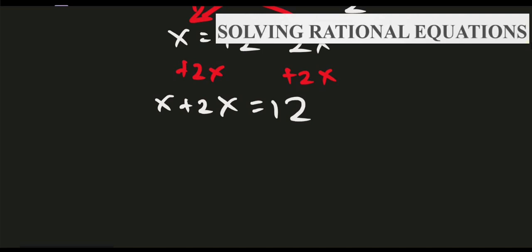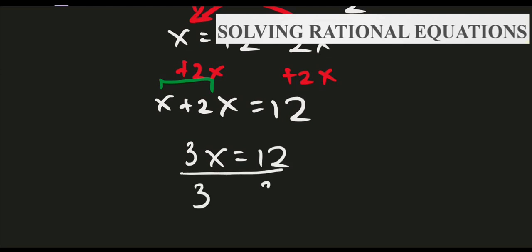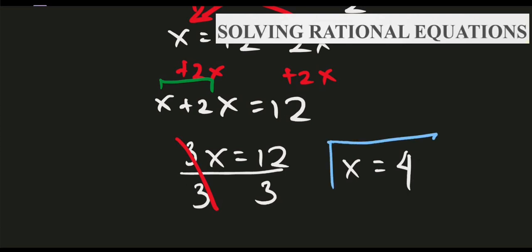Simplify or add x plus 2x, it will give us 3x is equals to 12. Divide both sides by 3, cancel out 3, therefore the value of x is 12 divided by 3, which is equals to 4. And that is our final answer.